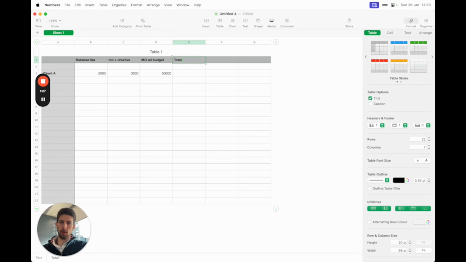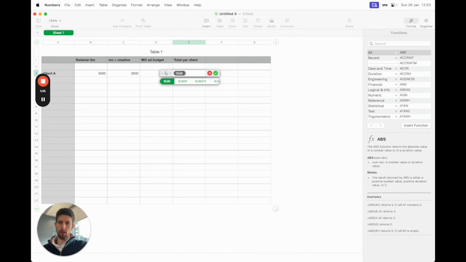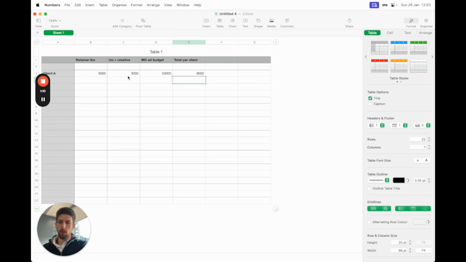Let's say total per client. And then we will be summing this plus this. Okay, good. So now that we have that, let's say we have client B. And then same, we charge the same retainer, but this client only 1,000 because it's smaller or whatever.